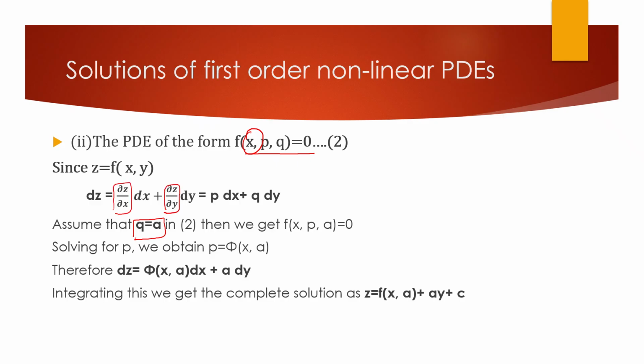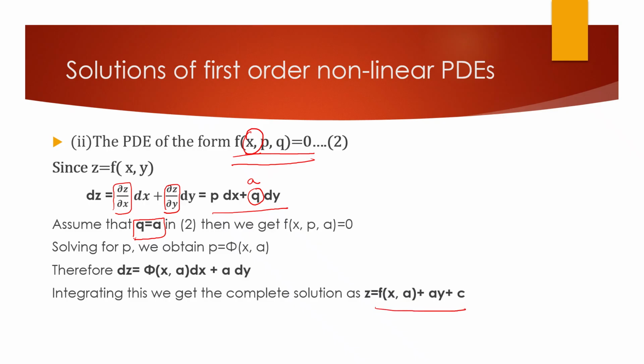If we take q as a here, dz becomes in this form. Now integrating this, we get our complete solution as z is equal to the integral of f of x comma a dx plus ay plus c, and singular and general solutions are obtained as usual.